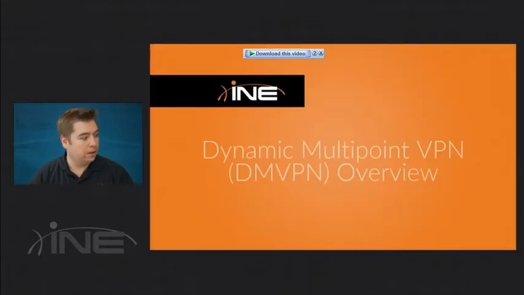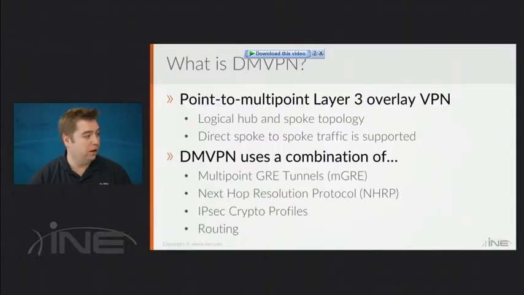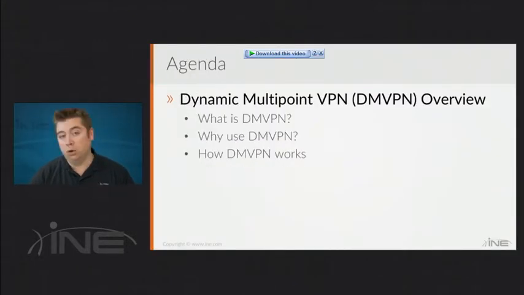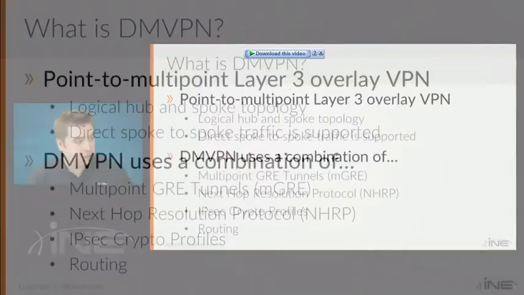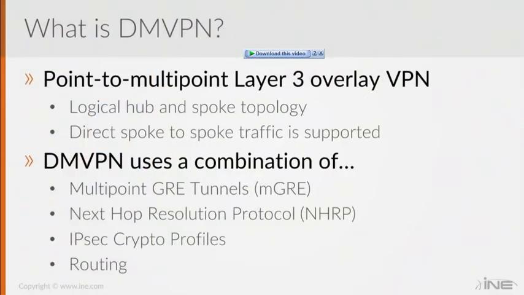So let's talk about a general overview of what DMVPN is and why you would want to use it versus other types of VPN solutions. Specifically, DMVPN is a Layer 3 overlay tunnel.